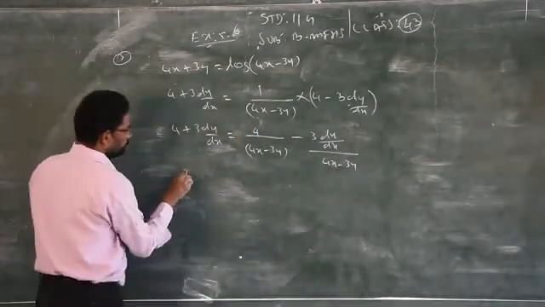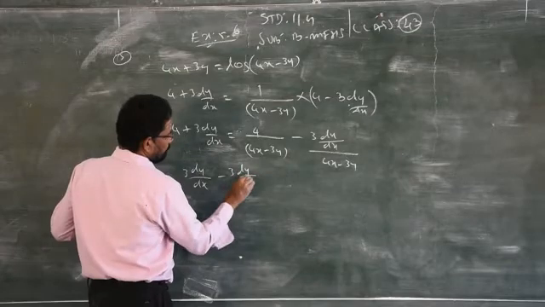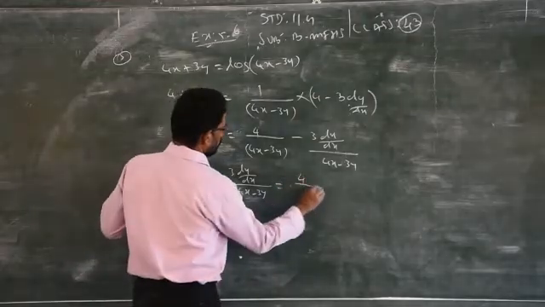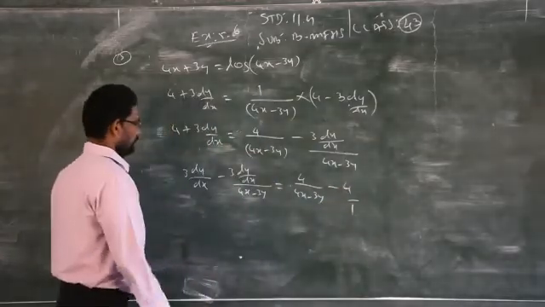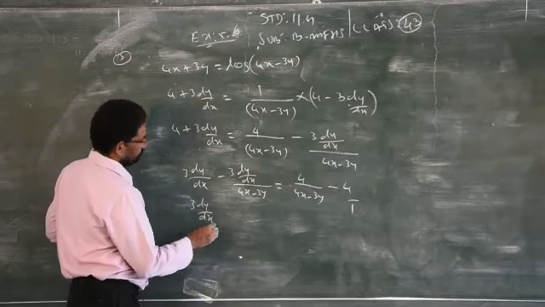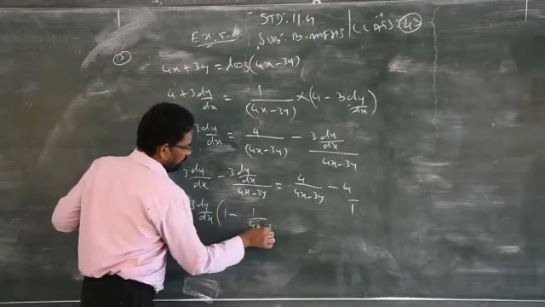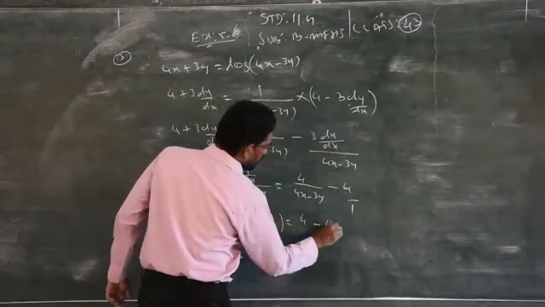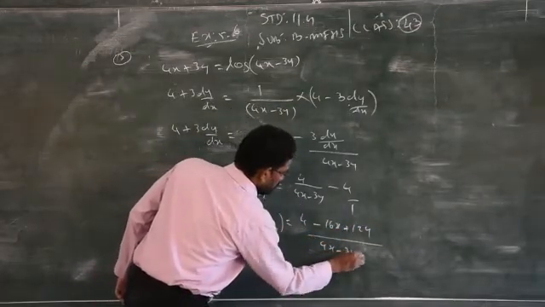So just you have to group. You take here 3 dy by dx as common factor. 1 minus 1 by 4x minus 3y, cross multiply, you will get 4 minus 16x plus 12y by 4x minus 3y.